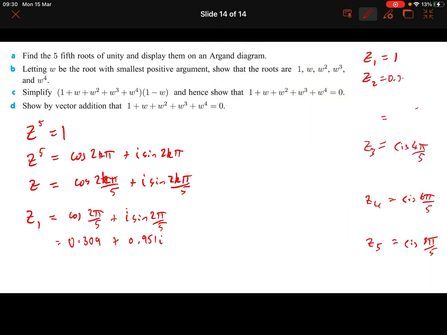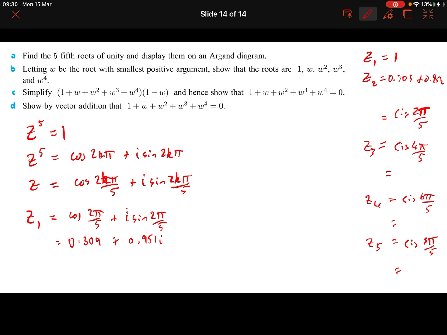I just deleted them. 0.309 plus 0.951i, which is cis 2 pi over 5. Okay, you can use your calculator to work out what these missing ones would be, and then check them on an Argand diagram and check that the 5 solutions are equally spaced around the Argand diagram. And that's how you'll know you've done it right.